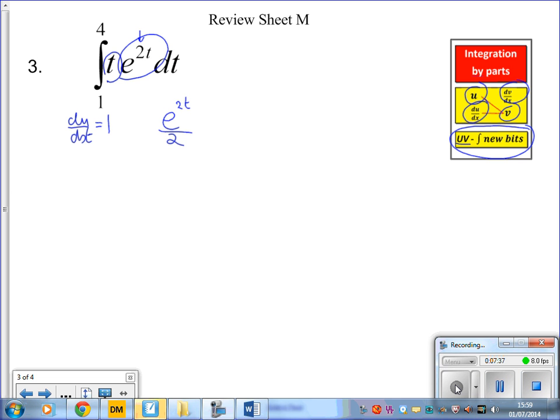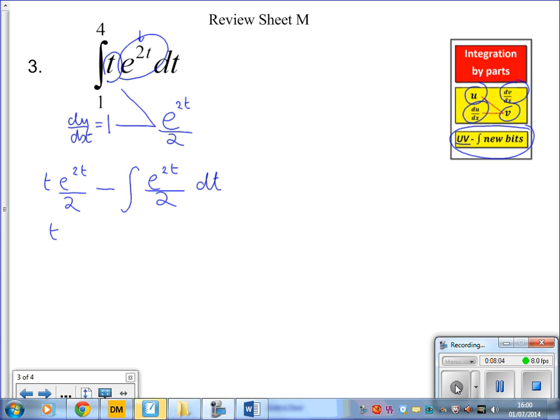So to start with uv, that's these parts. So I'll have t e to the 2t all over 2. Take away the integral of the new bits. These are my new bits. So 1 times by e to the 2t all over 2 dt.